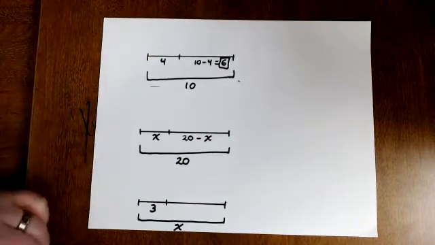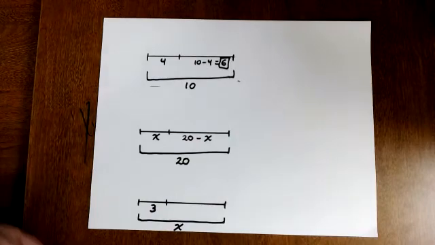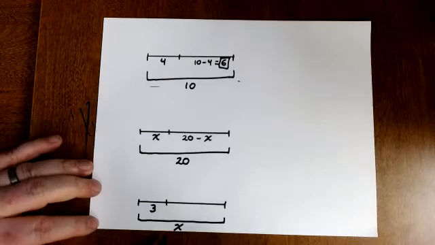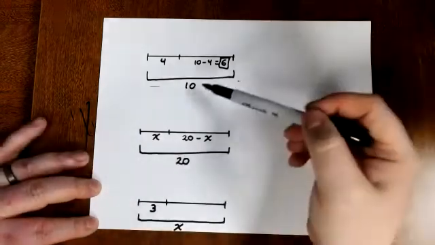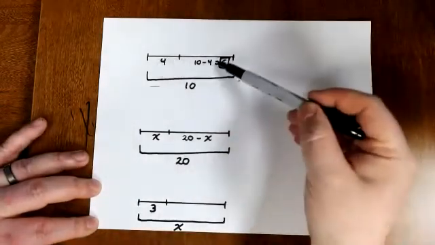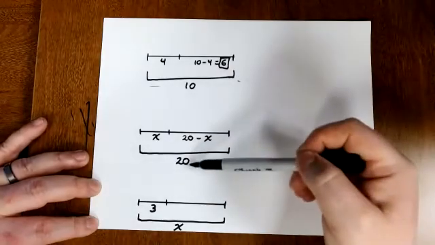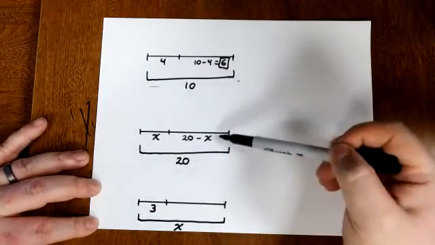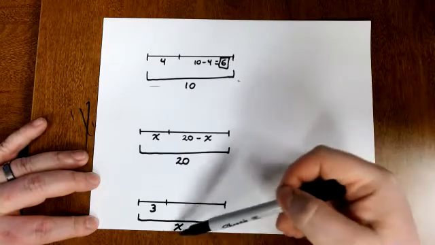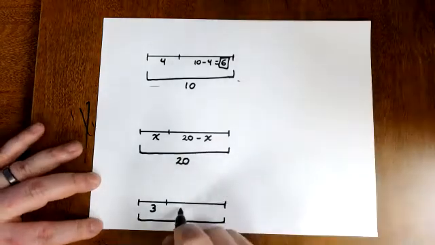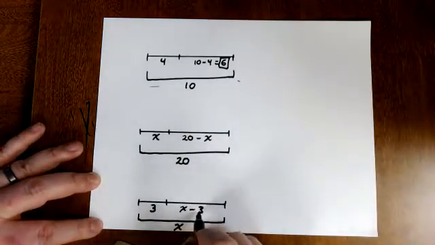Follow the same pattern you did before. So I did 10, took away the 4, gave me my 6. 20, took away an x, gave me 20 minus x. X, take away a 3, gives me x minus 3.